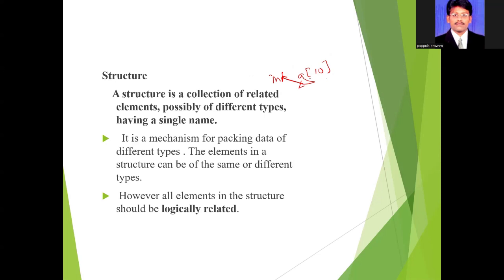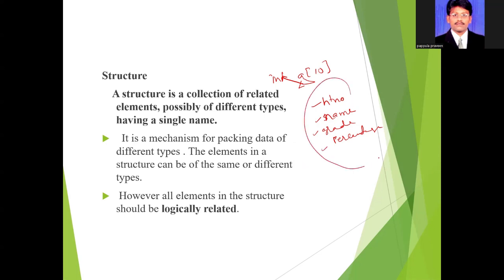Sometimes we need to take different data. Take one example: we have a hall ticket number, that is an integral element. You have name as well as surname, your grade, and the percentage or CGPA. This is the integer, this is the character, this is also character, this is the float data type.